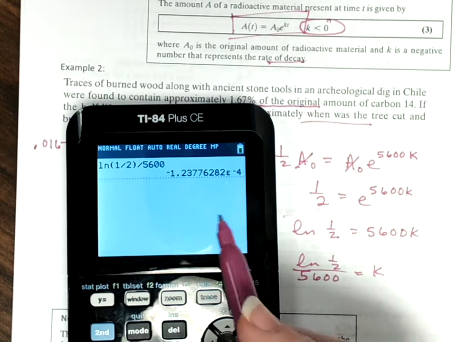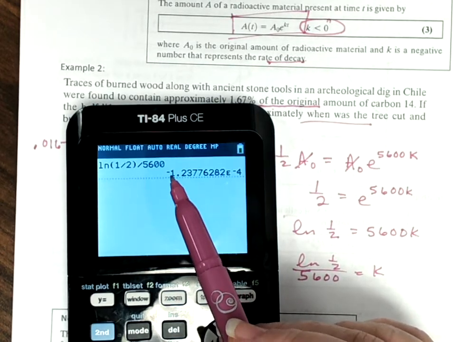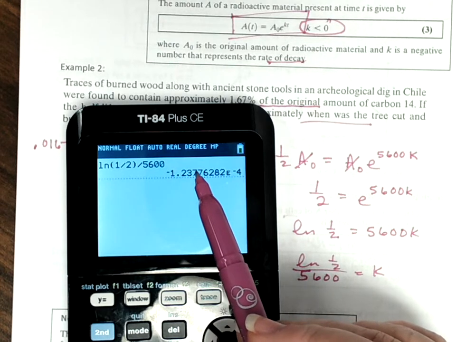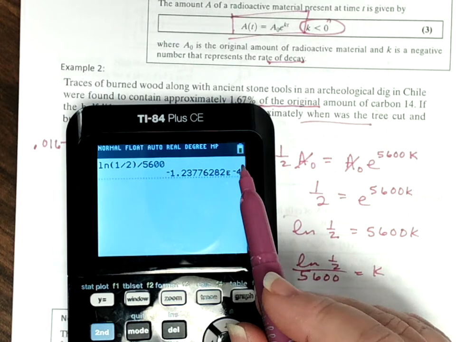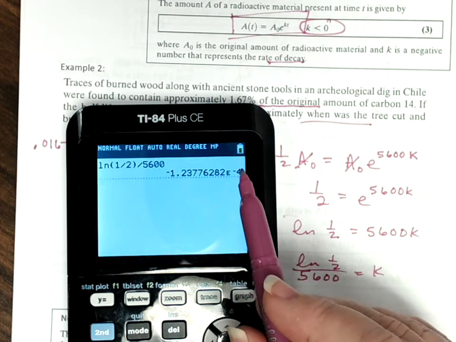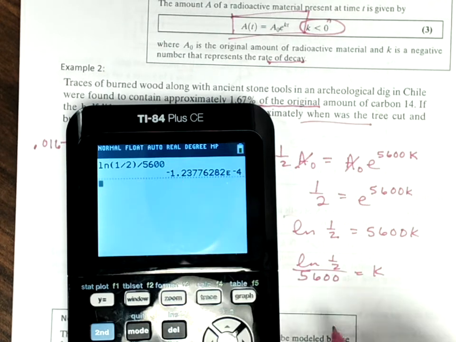Okay? And I get a value that looks very amazingly like negative 1.2377. Notice here at the end, e to the -4th means that that's actually, and I'm going to approximate it with only 4 decimal places, approximately negative 0.0001237, or 1238, sorry.